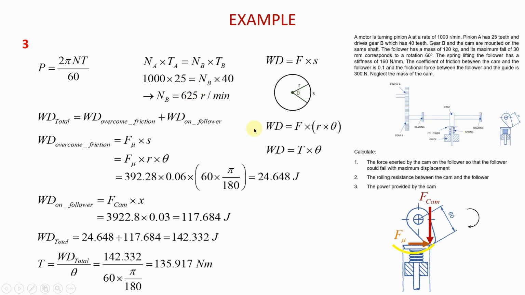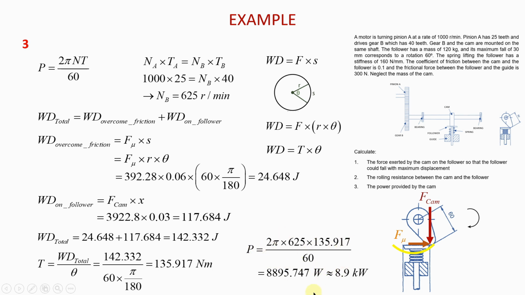Now that we have the torque and we already have N for this shaft, the shaft that connects the cam and gear B, N for that shaft is this. Okay, we have the torque. Now we can use the power equation and plug in the numbers to find the power provided by the cam. And if we do that, this is what we have here, okay?